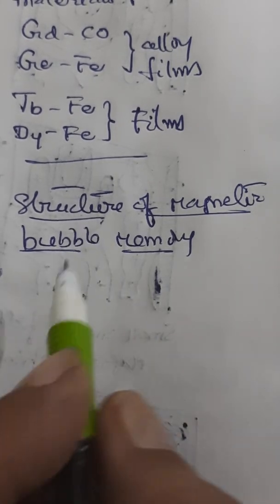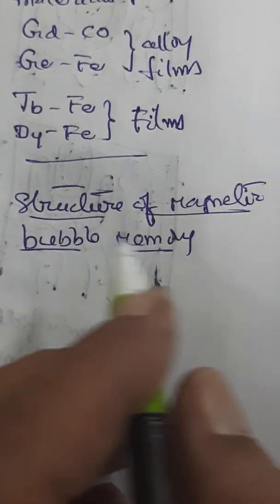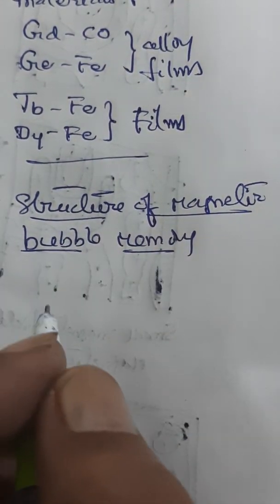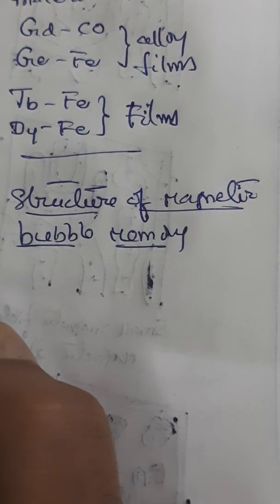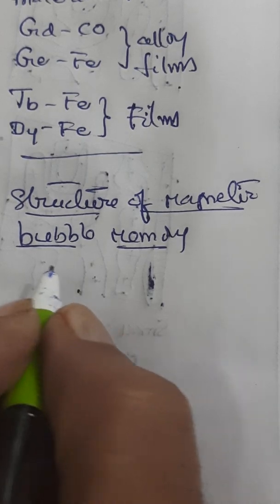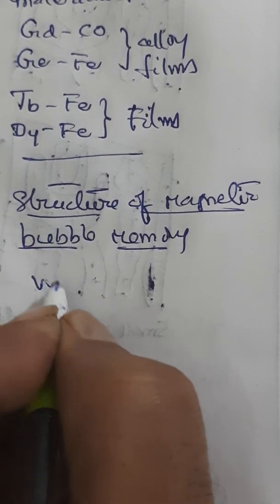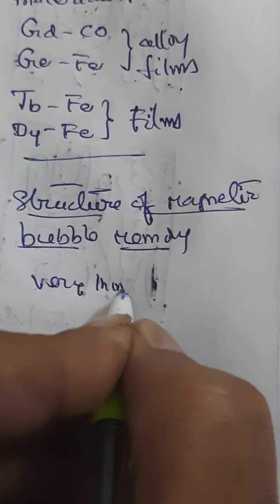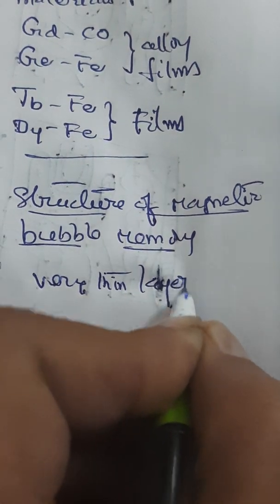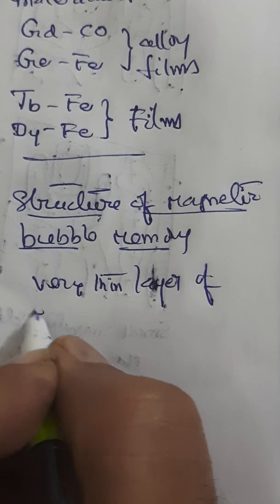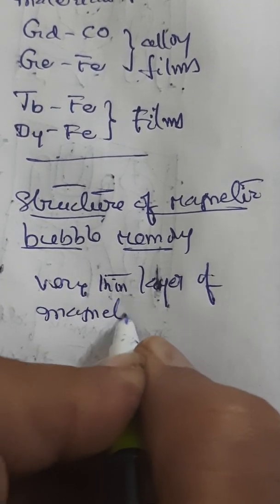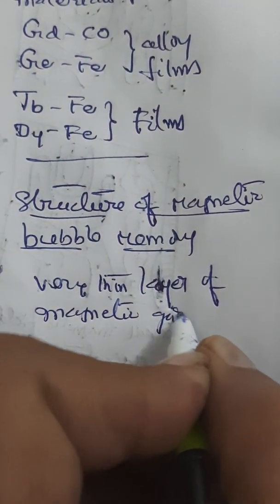Now let us understand the structure of a magnetic bubble memory in the form of a schematic diagram. What we want for this is a very thin layer of magnetic garnet.